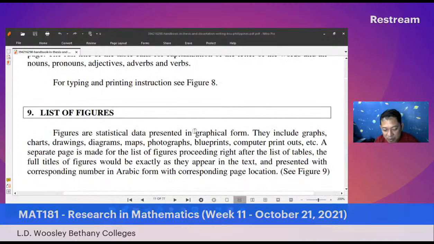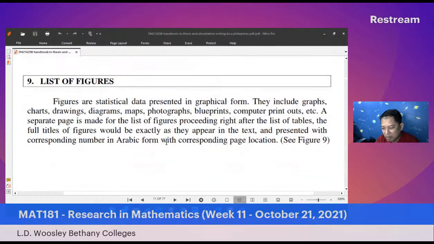So there's a necessity for you to have a graphical presentation so that the readers may have a visualization, no, of the result. It could be visualized graphically rather than just a numerical presentation. Charts, drawings, diagrams, maps, photographs, blueprints, computer printouts, etc. Separate pages are made for the list of figures.